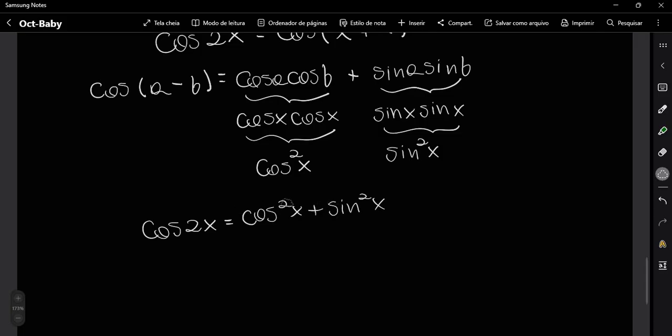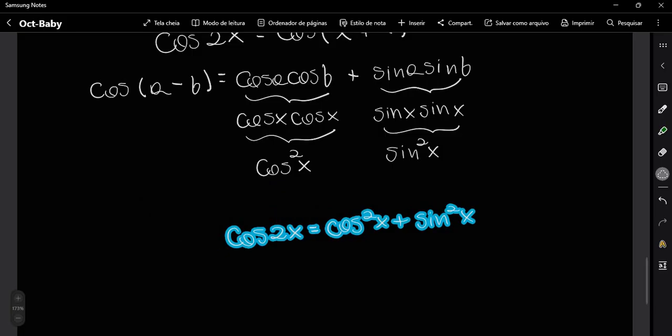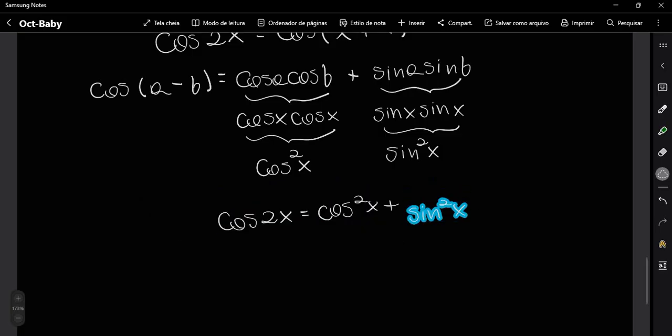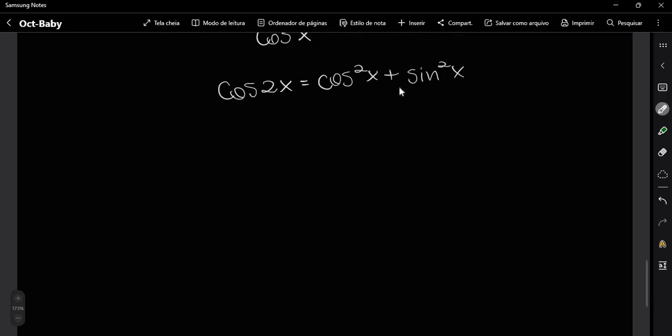Okay, and it also asks us to show that for all x, it already gives the solution of sine of 2x, and let's do differently.